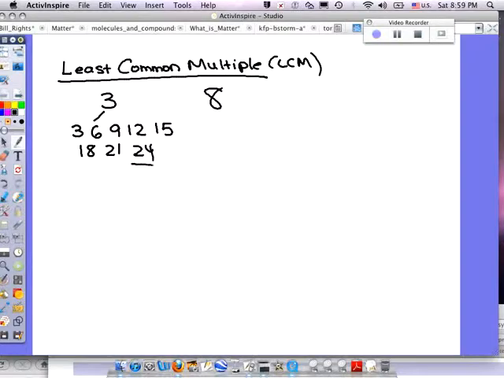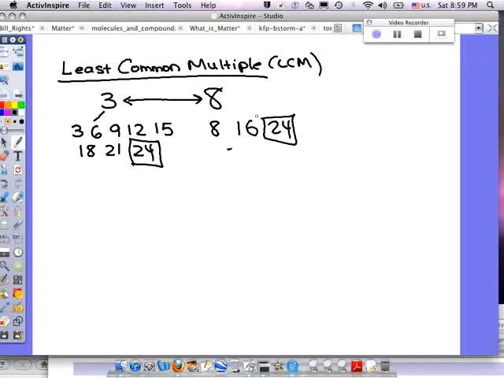And obviously, 24 would be a multiple because that's 3 times 8. So 3 goes into 24 for sure 8 times, and 8 goes into 24 3 times, and there's nothing smaller than 24. So the least common multiple of 3 and 8 is 24.